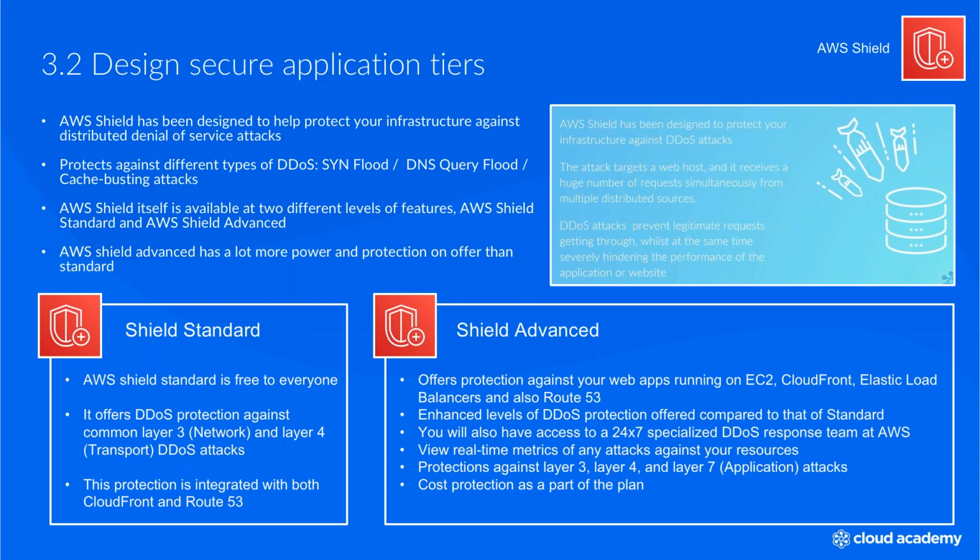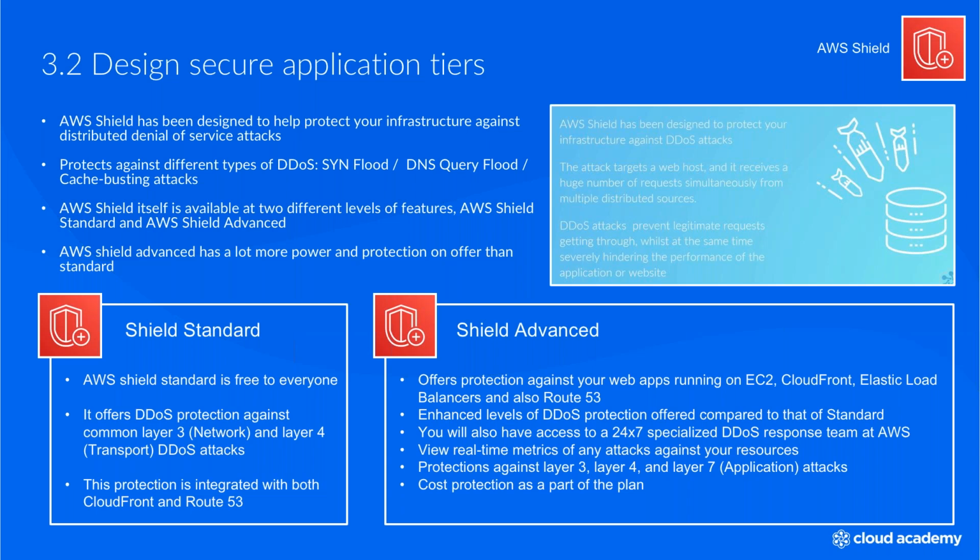The advanced option provides a far greater level of protection against DDoS attacks across a much wider scope of AWS services, but it does come at an additional cost, obviously. You'll also have access to a 24/7 specialized DDoS response team, known as DRT, plus you get protection at layer 7, the application layer, as well as layer 3 and layer 4, like you do with standard.